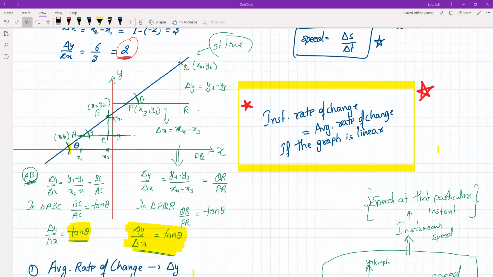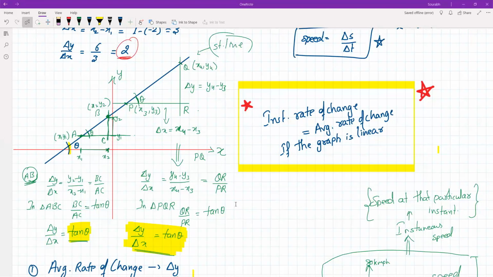What about the wall clock? Right? So the wall clock will always cover the same number of rounds. The hands, whether it is the hour hand or minute hand or even the second hand, will cover the same number of rounds in a given time.